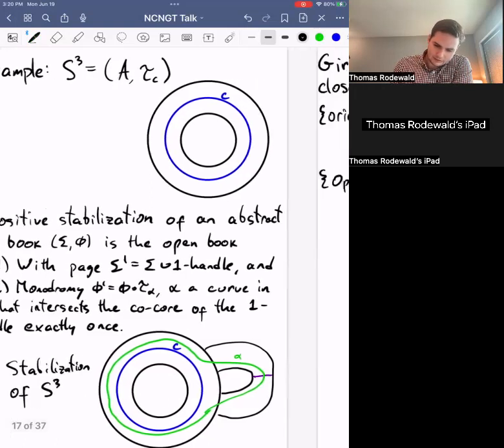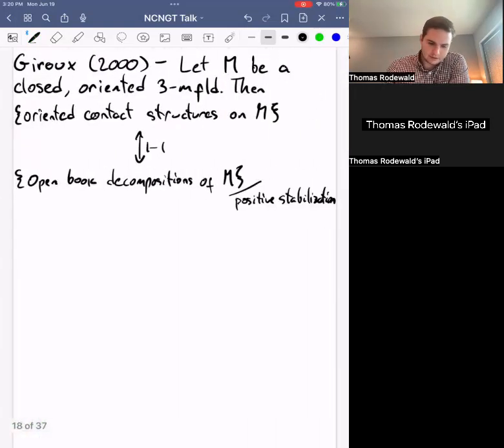And so with this information, we can state an important result of Giroux, which connects the geometry and the topology here. If you have a closed oriented 3-manifold, then oriented contact structures on the manifold are in one-to-one correspondence with open book decompositions of the manifold up to positive stabilization.